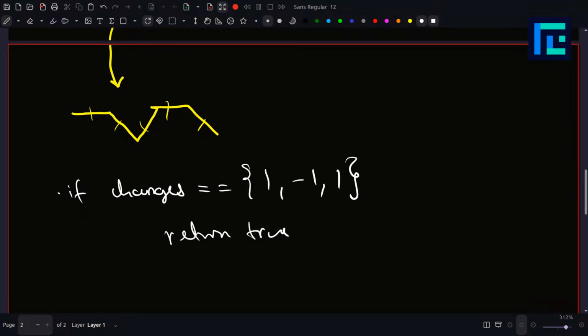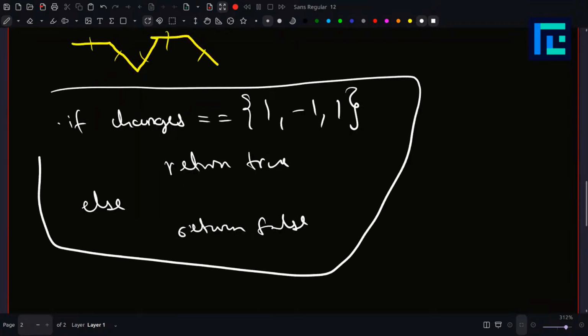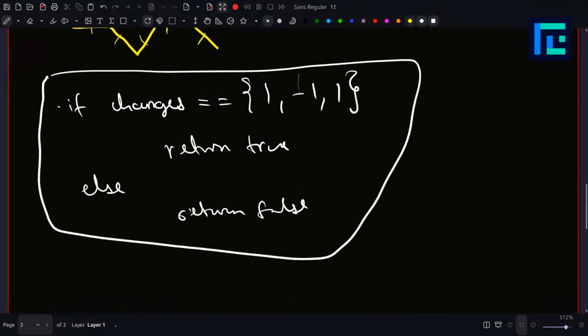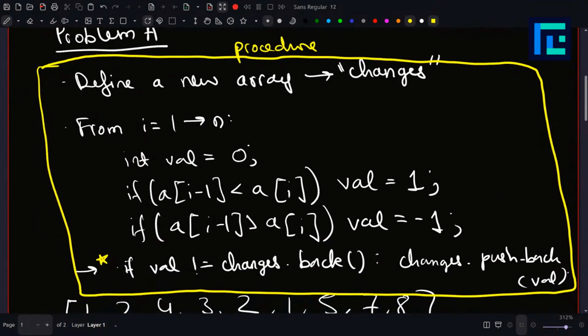So this is the final step. And once you have this kind of an array, it's very simple to directly answer, right? We directly can tell if it's of this shape or not. The shape we want is basically increasing, decreasing, increasing, this kind of shape. And we can easily tell that using this array which I just made.